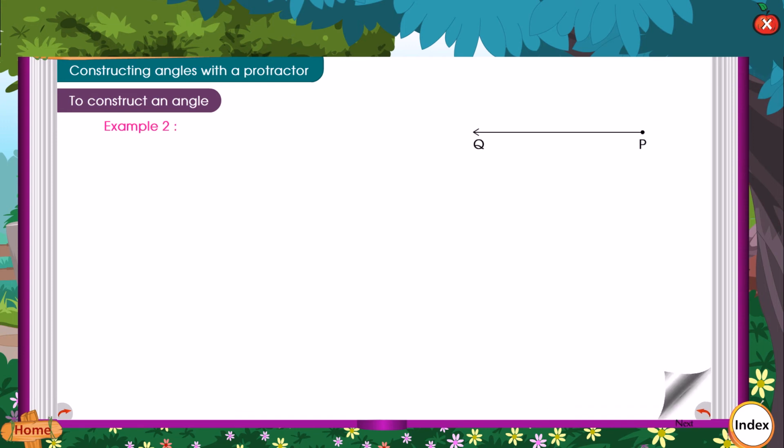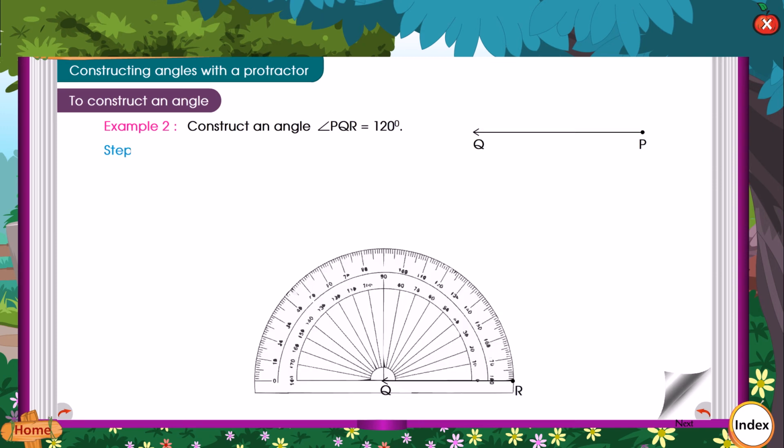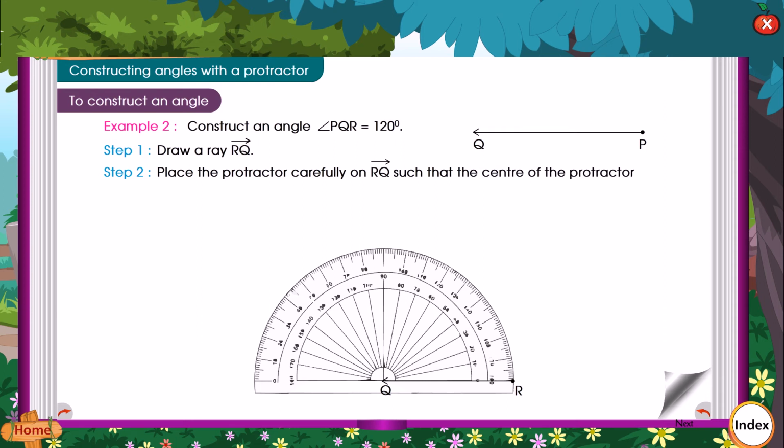Example 2. Construct an angle PQR is equal to 120 degrees. Step 1. Draw a ray RQ. Step 2. Place the protractor carefully on RQ such that the center of the protractor lies on the point R, vertex point. Step 3.